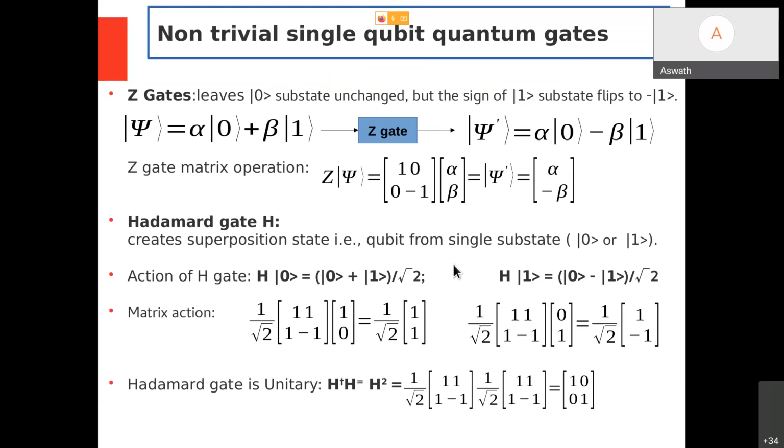Again, you can cross check whether the H gate is unitary or not. Obviously, it happens to be unitary. In experiments, how people create a superposition state is they take an isolated atom and shine a photon onto it, so they create a superposition state.